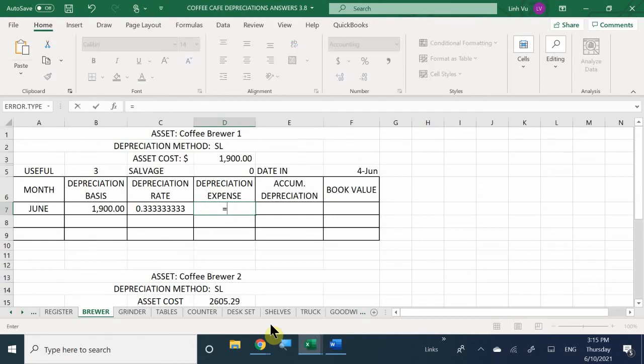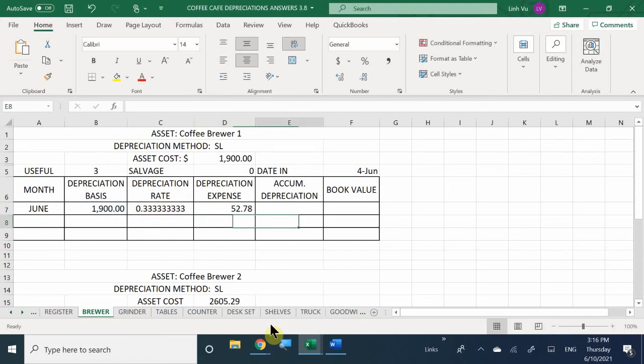To be consistent, I'm going to take my 1900, multiply it by my 0.333, and divide the whole thing by 12. All right? So how much depreciation am I going to incur for the first month of my first coffee brewer?